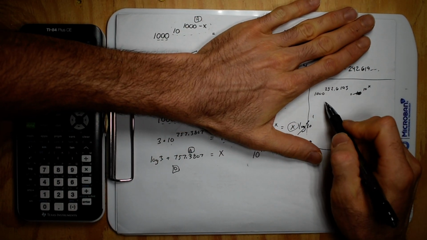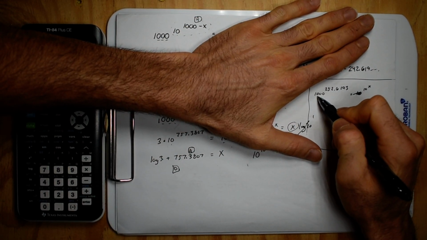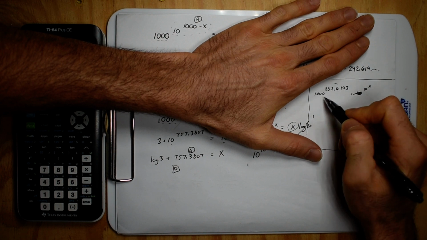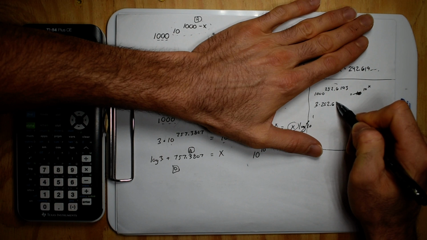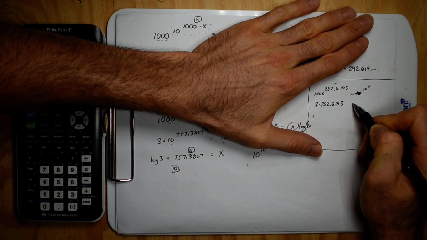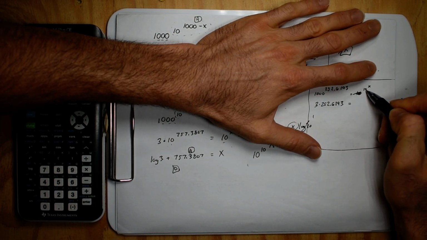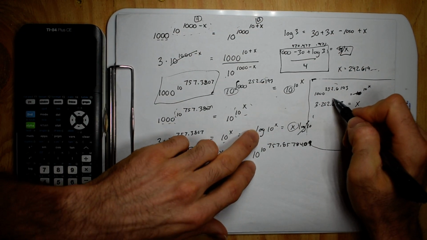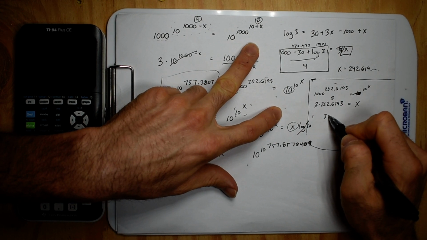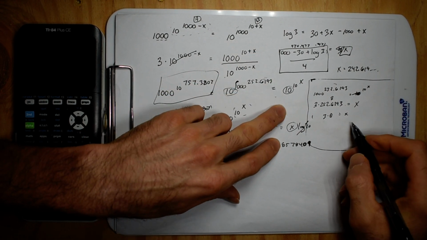But now we're going to do the log again. If we take the log of 1,000, that's just 3. The exponent pops down, so we got 3 times 252.6193 is equal to, guess what? x pops down, log of 10. So sweet. And this was just B. Look at it, this is just 3 times B is equal to x. Okay, sweet.